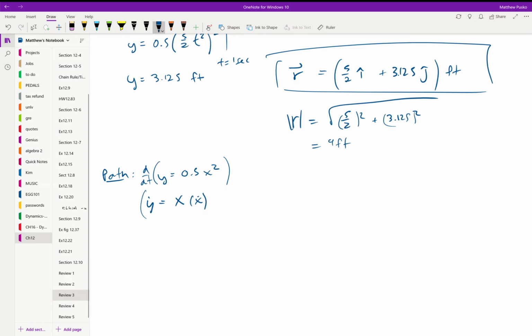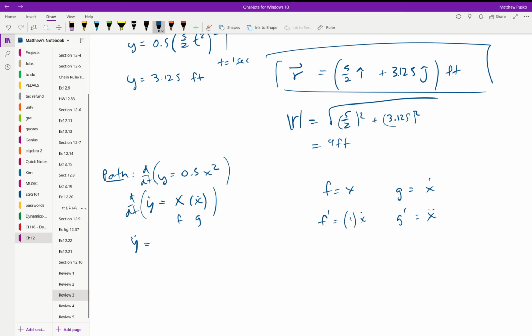Okay, now let's take the time derivative of that again. We get y double dot, and then I'm going to call this f and this g. Automatically the derivative of g becomes x double dot, and we can say f prime would be 1 times x dot.